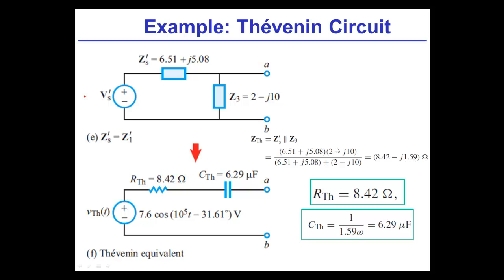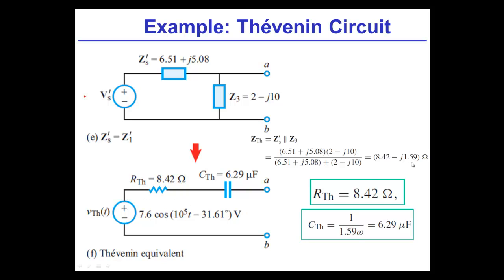Okay? Oh, I see. So once you figured out what that is, you went a step further and decided to show them how you could break this complex term into two physical components. Correct. And the reason I can do that is the 8.42 is real, so I can show that as a resistor.